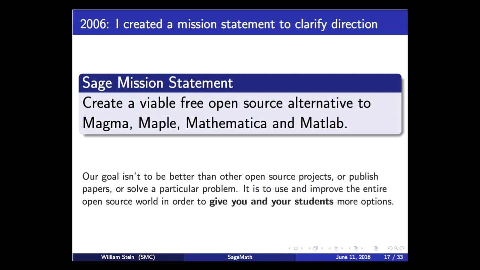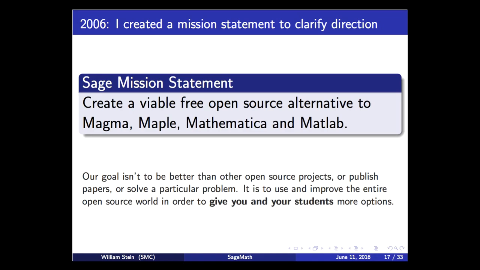And this mission statement, this goal, isn't to be better than other open source projects. It's not to publish papers. It's not to solve some big challenge problem. So it's a horrible goal as far as getting grants goes, as it turns out. But it's a really good goal for clarifying that you just want all the open source projects to work together, and that anything that improves any open source software out there that you can then indirectly leverage in Sage is great.